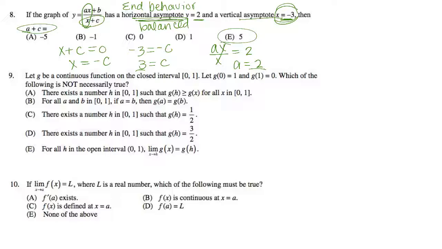So for our next question, let g be a continuous function on a closed interval. We know a value for g at 0 and g at 1. Which of the following is not necessarily true? Well, I would go ahead and sketch. We know 0, 1. We know that's an ordered pair on our graph, and we know the graph 1, 0.